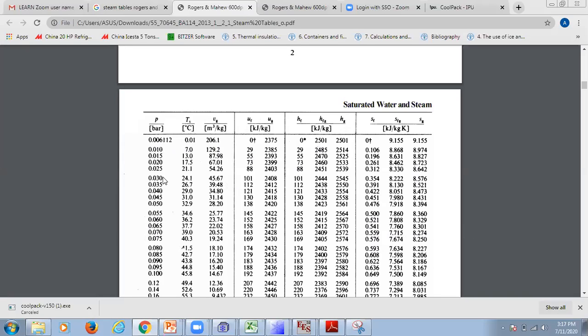And the constant pressure process: at P equals 0.10, for example, this was done first. Then you increase the pressure a bit, get the values, increase the pressure a bit, get the values.